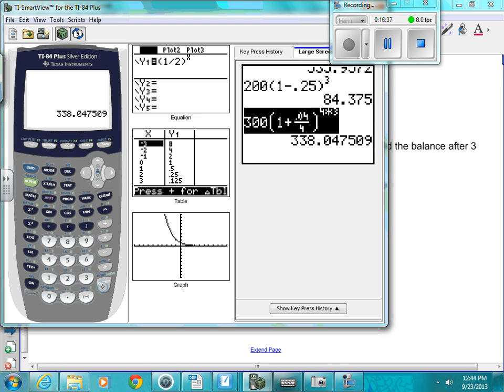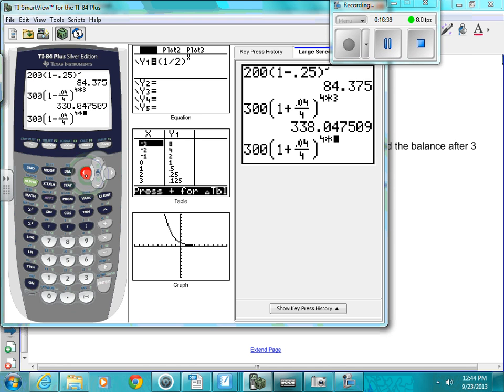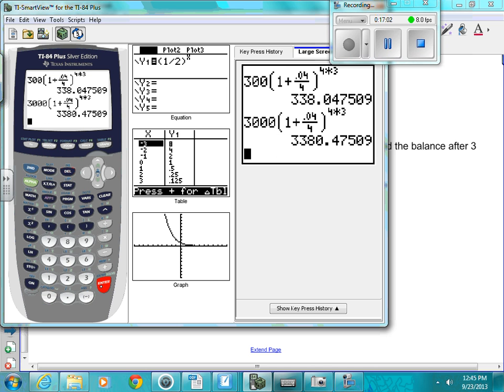I forgot to put 3,000. I put just 300. We didn't lose money on it. That'd be a bad investment. Okay, so let's insert a 0 and let's try it again. That's better.